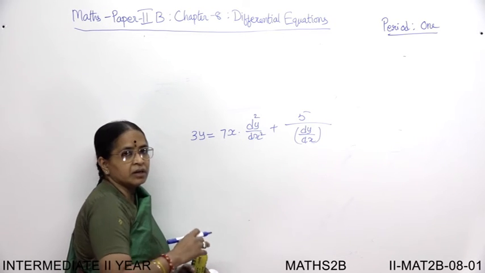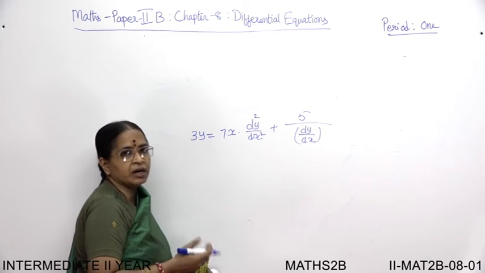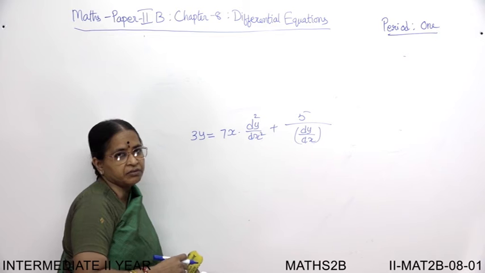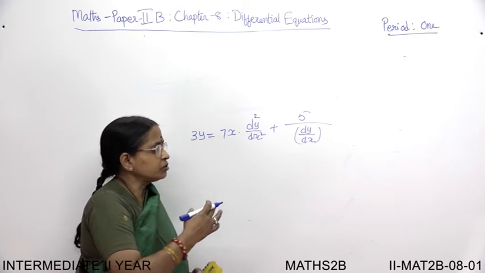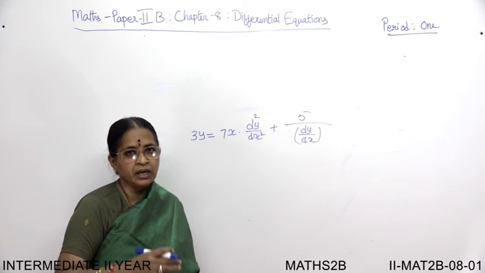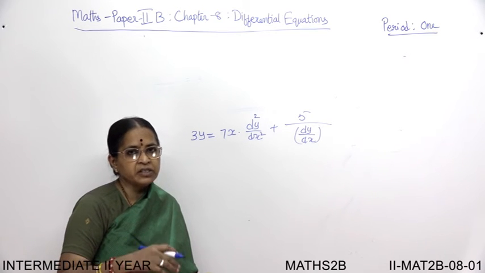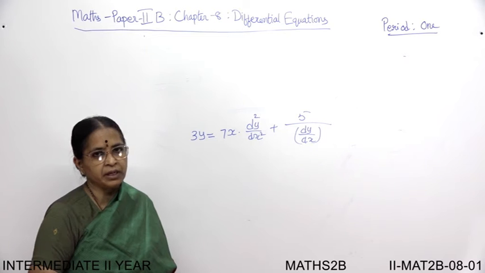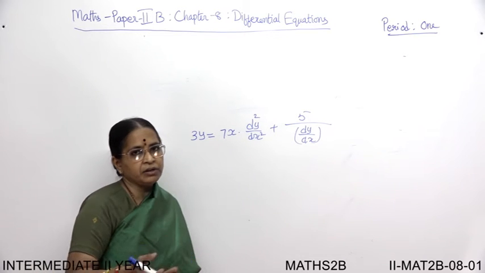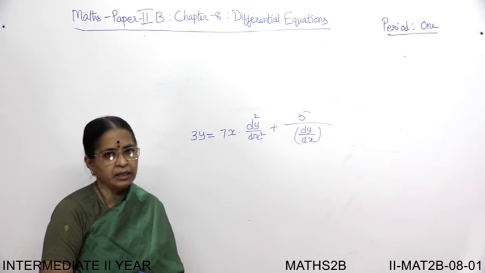So you must understand first what is the order and what is the degree of the differential equation, because only when you know the order and degree can you solve the equation. There are particular methods. If it is a first order, first degree differential equation, then you must apply a particular method. If it is a second order equation, you must apply another method, like that.